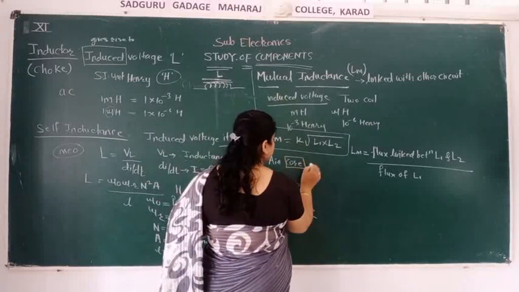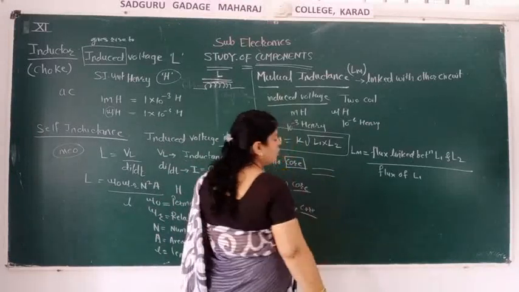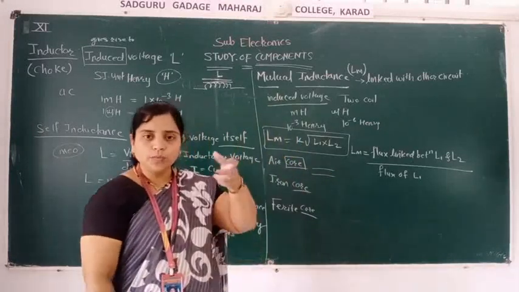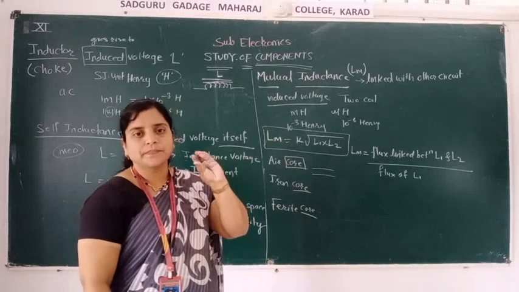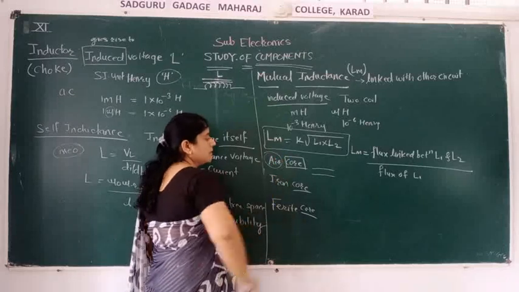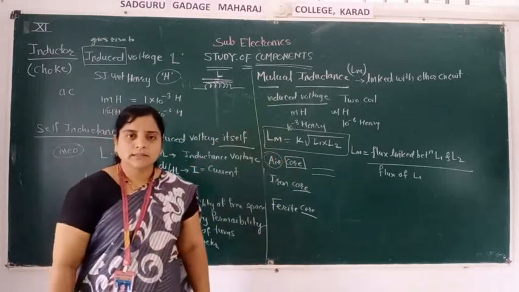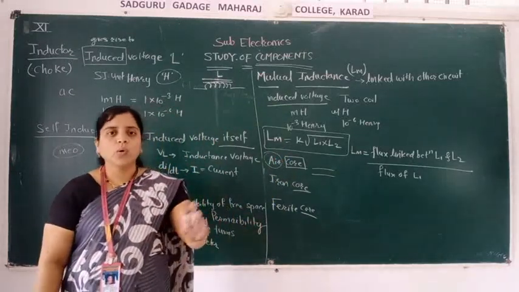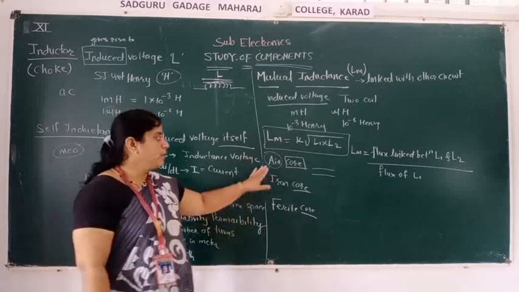So that core is what? Hollow tube, and what does that hollow tube contain inside? Air, and that is called the air core inductor. Which type of inductor is it?